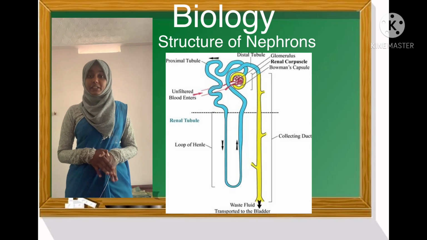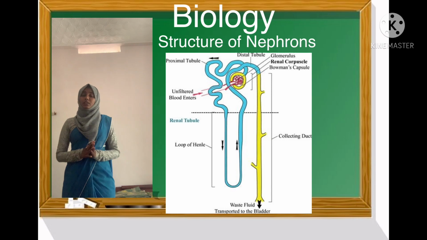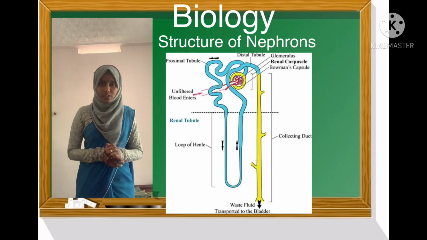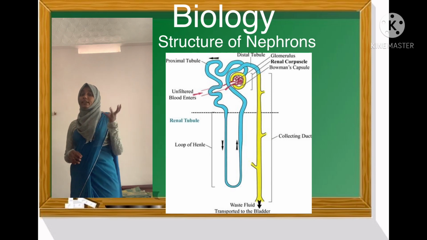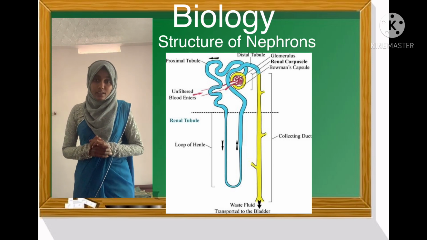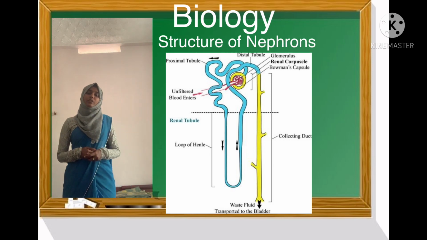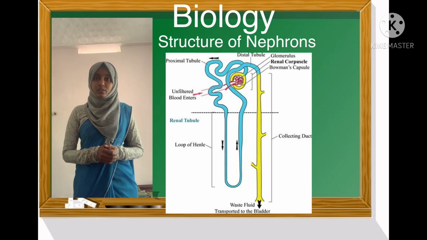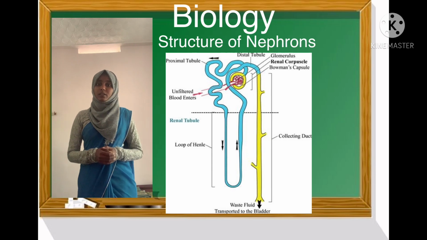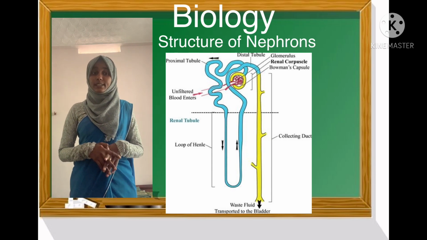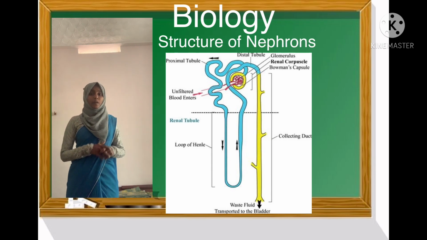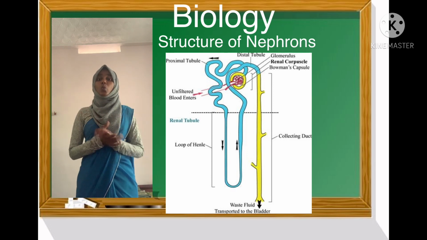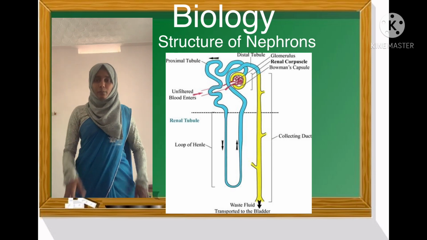Kidney is one of our main excretory organs. How does it play a major role in excretion? It does so by filtering our blood. It filters our blood and removes the excess waste from our body.